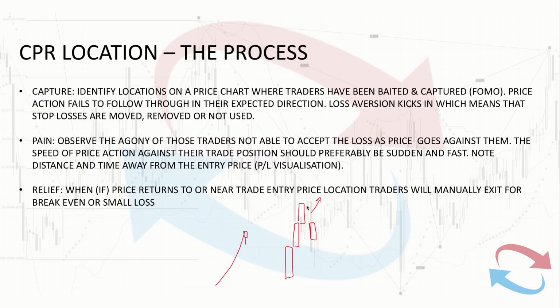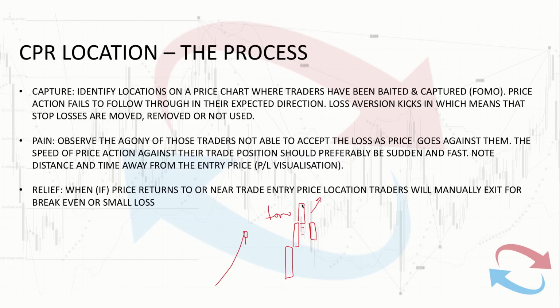And this is where, so we've had the FOMO phase, which is the context. And then we start to see the loss aversion start to kick in, because traders will tend to put their stop losses below candlesticks, below swings, and if price starts to go against them, that's where the loss aversion starts to kick in, right?